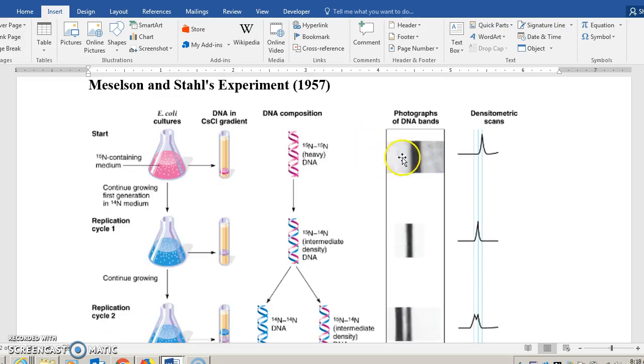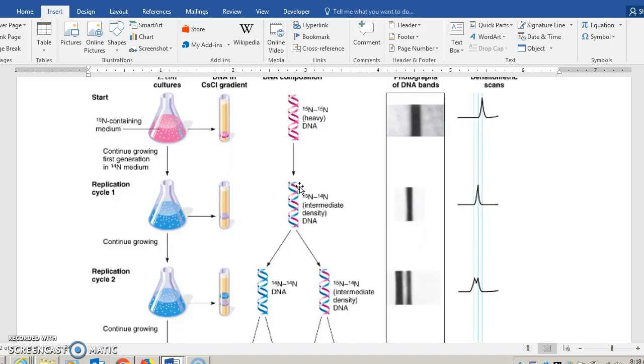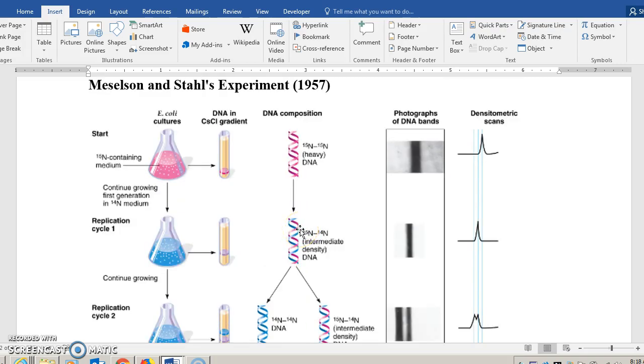And when they looked at the banding pattern of it with the densitometric scans, it scanned very thick in this one region where it was heavier. Then they allowed the DNA to be replicated. Whatever process that happened, it was replicated. And they noticed that all the DNA was heterogeneous. It was made up of nitrogen 15 and nitrogen 14.